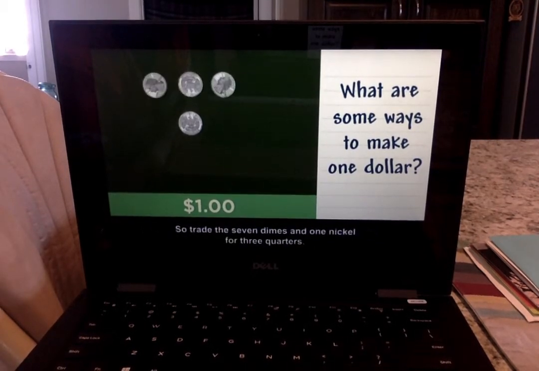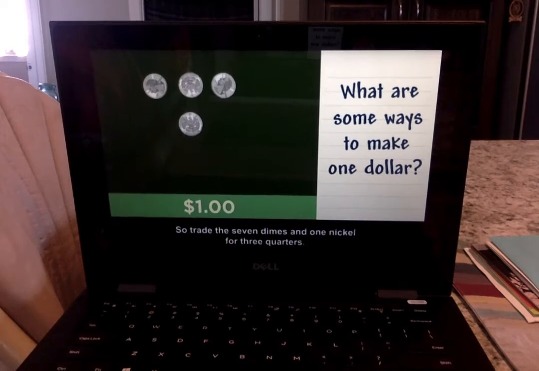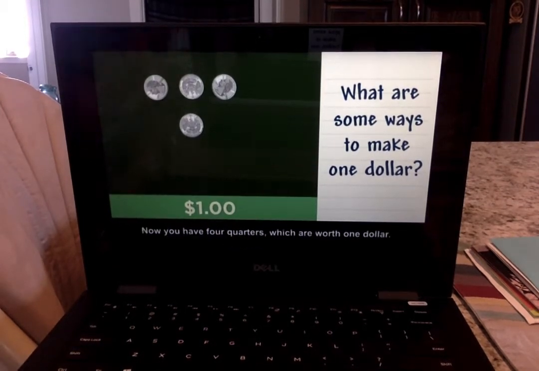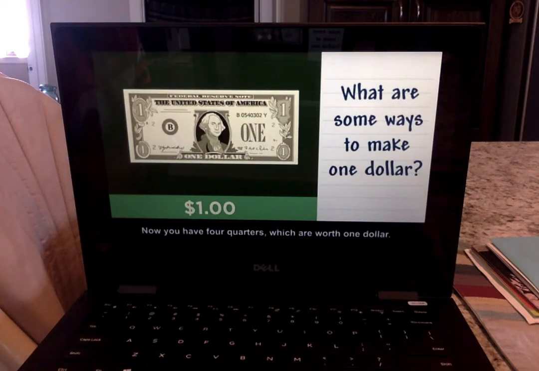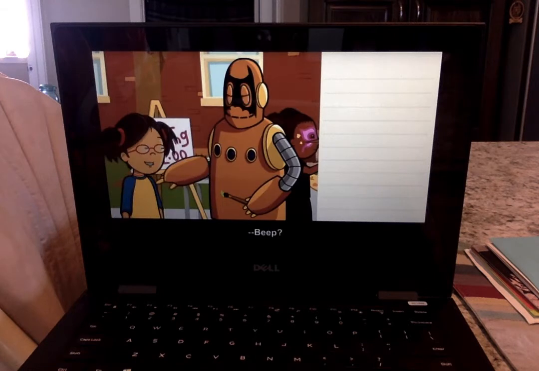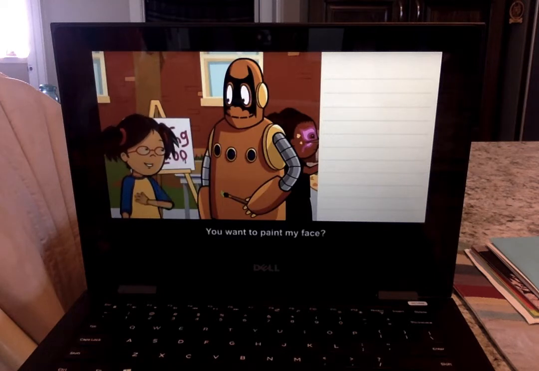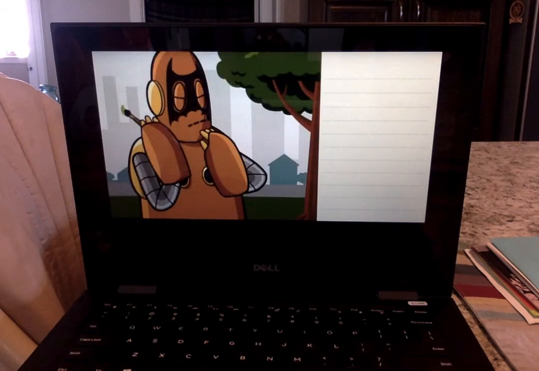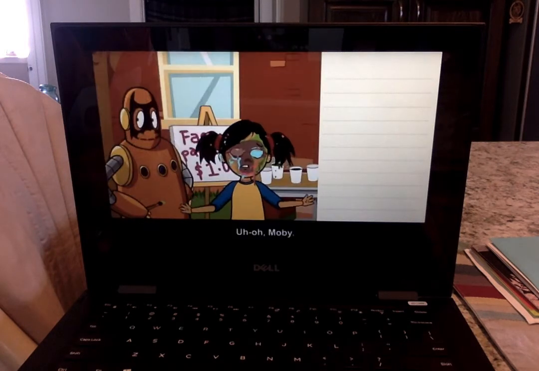So trade the 7 dimes and 1 nickel for 3 quarters. Now you have 4 quarters. And less money in your pocket. $1. Do you want to paint my face? Uh-oh, Moby.